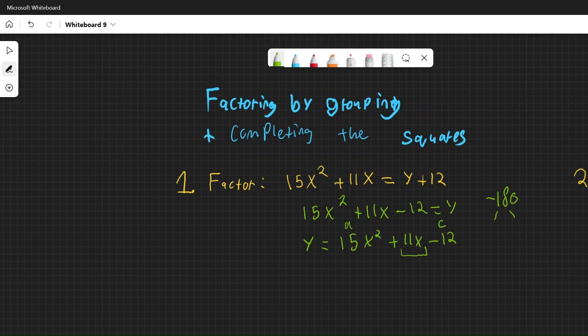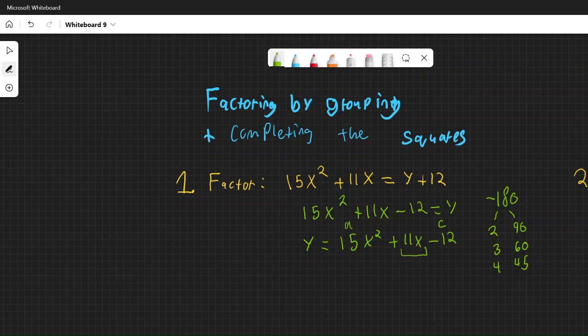It's a little bit time consuming, but we just start dividing by random numbers in our calculator and see what gives us an even number. So 3 and 60; 180 divided by 4 gives us 4 and 45. We just keep doing that until we get a pair that will add or subtract to 11x.